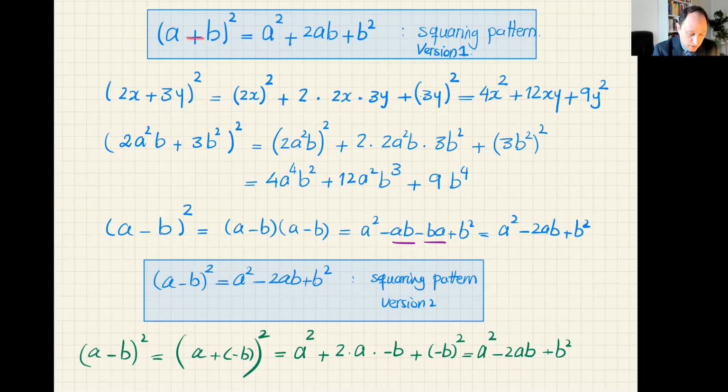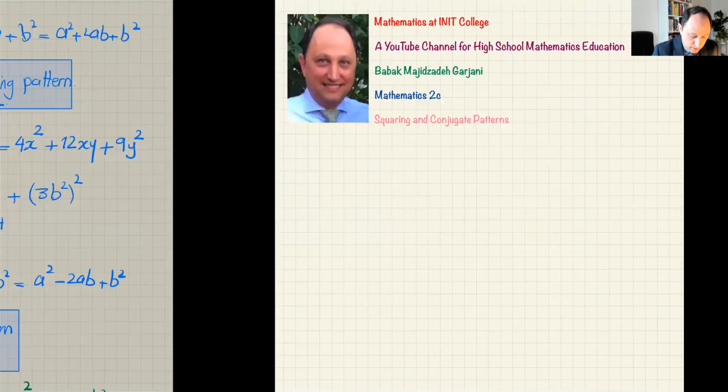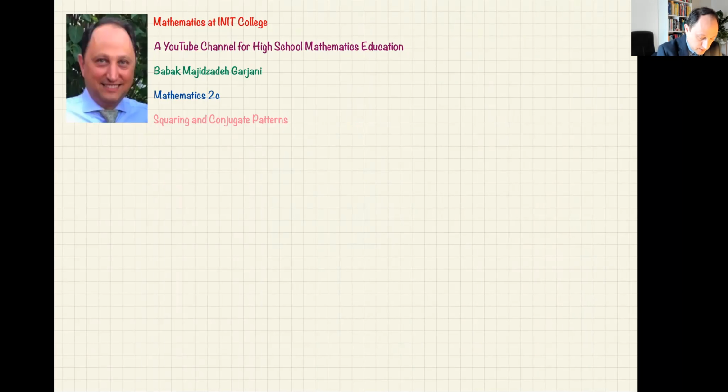So if I have a positive sign here, the only effect of that positive sign is here. The only effect of this negative sign is here. That's okay. Let me just give you another example, and then we go to the next pattern. Okay, that is also very simple. For example, I give you this.